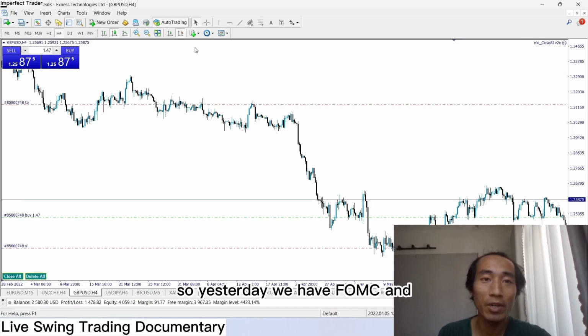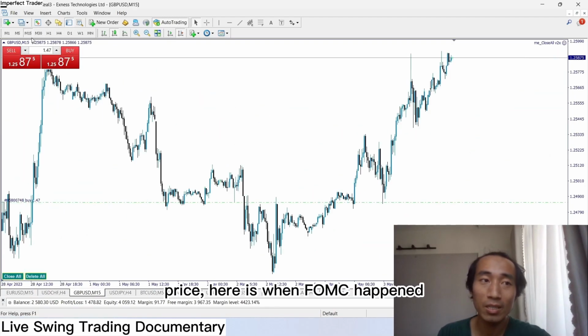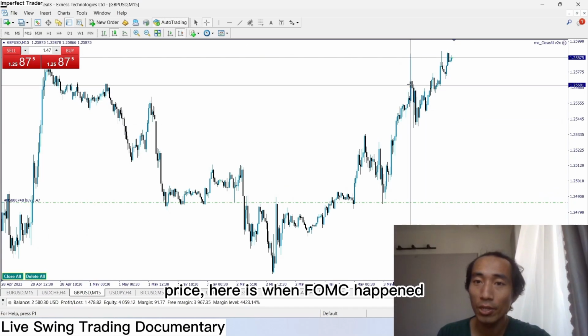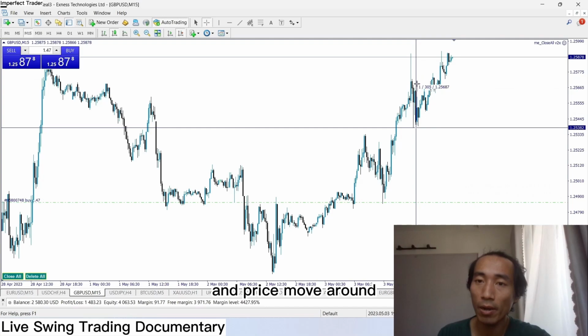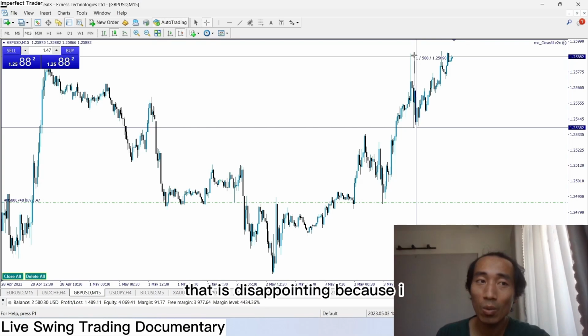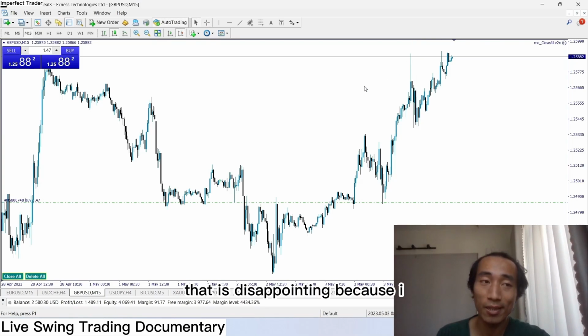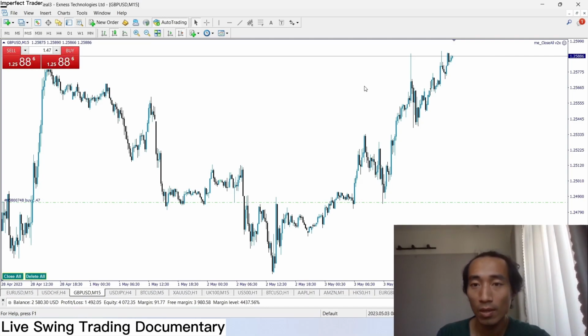So yesterday we had our FOMC, and here's when FOMC happened, and price moved around in a range of 50 pips. That is disappointing because I was expecting a really huge move.